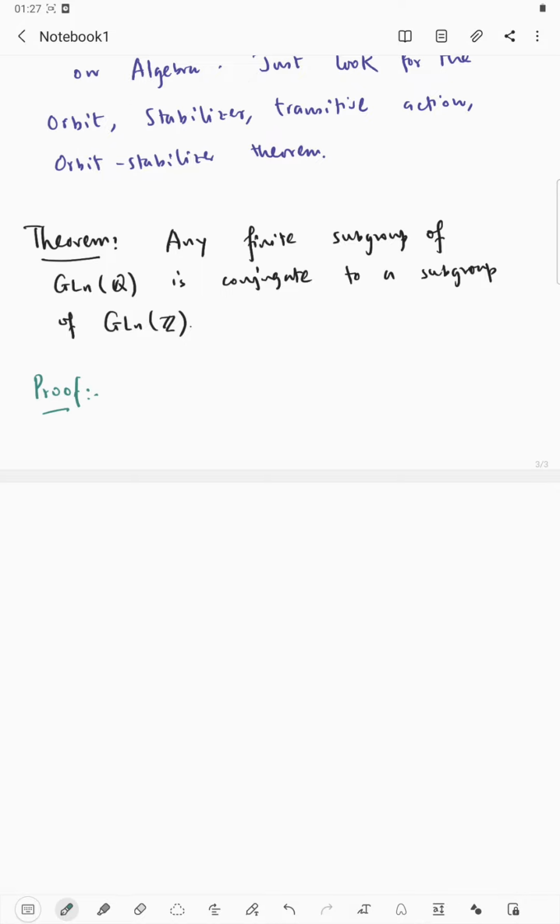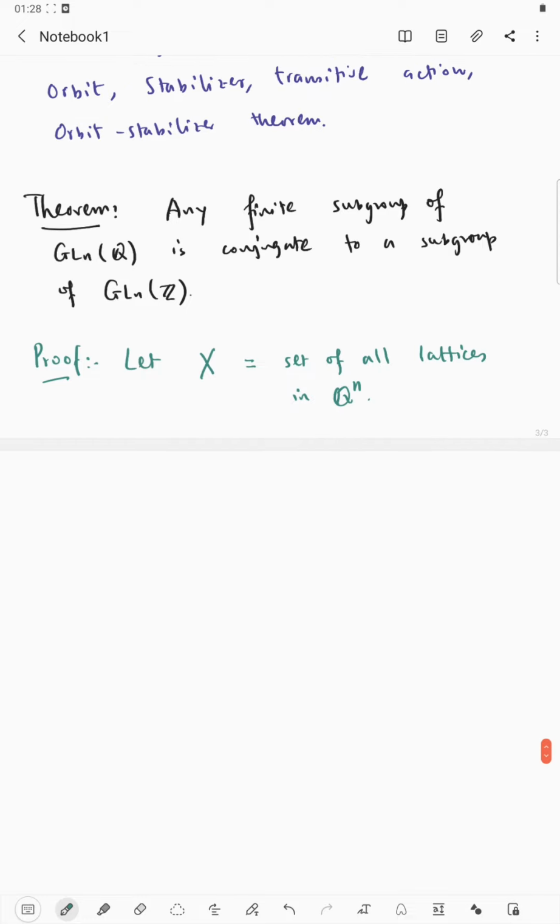Now let X be the set of all lattices in Q^n. Then GL_n(Q) acts on X transitively.